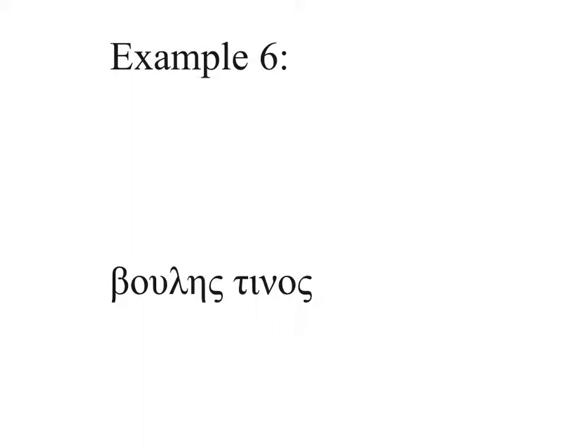Example 6, boules tinos. Okay, so our normal starting place, figuring out the usual accent of word 1. So boules is from boule, boules, which normally has a circumflex over the eta on the ultima.